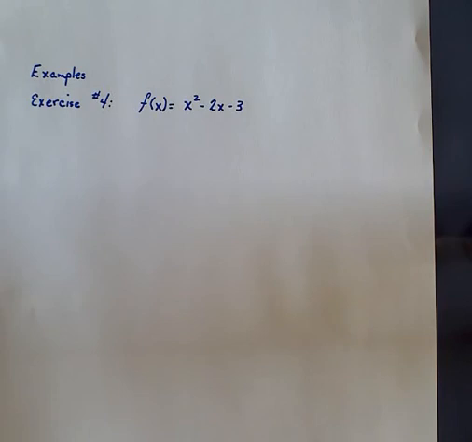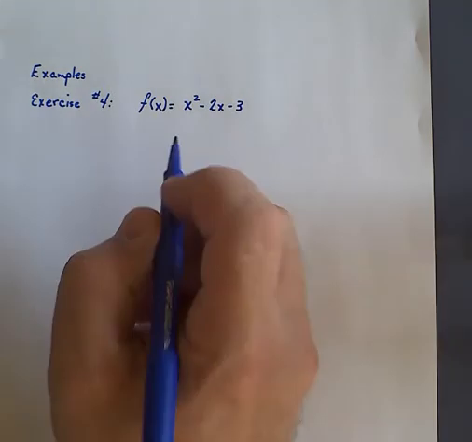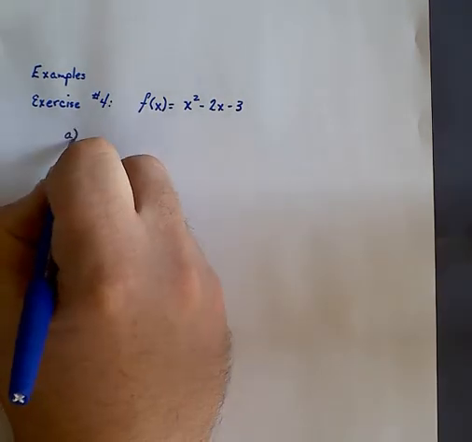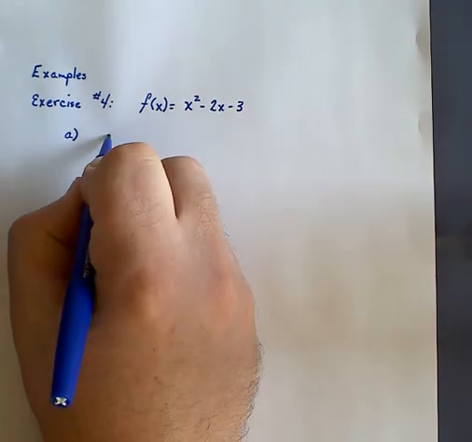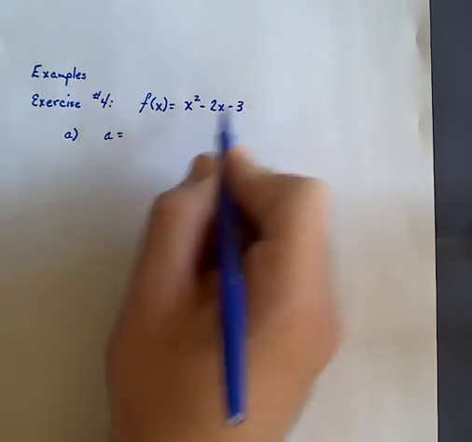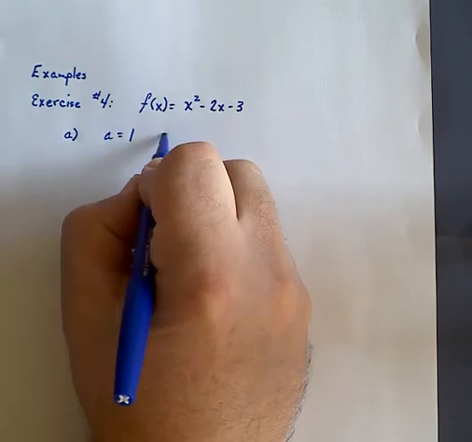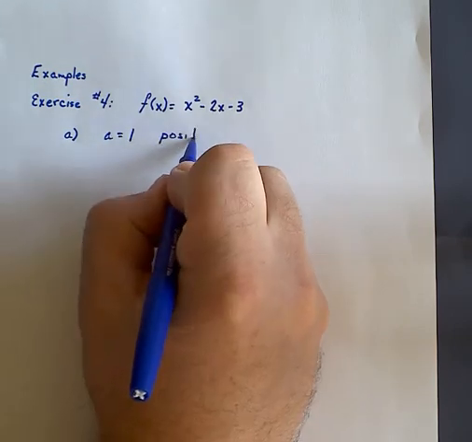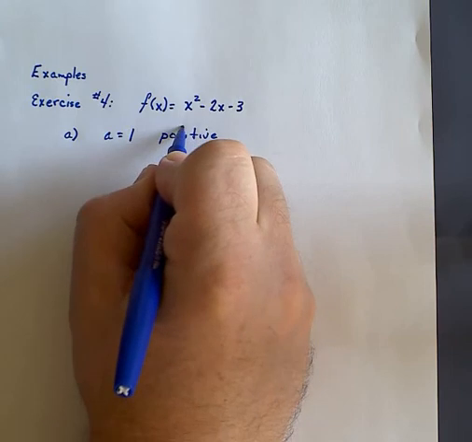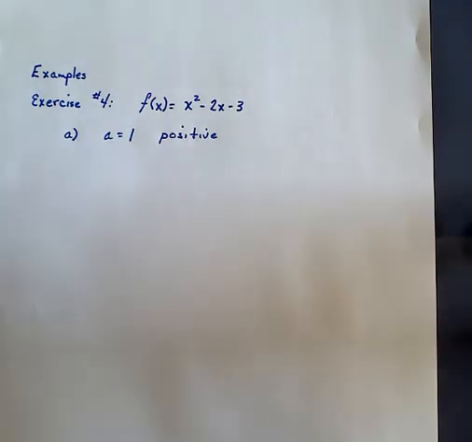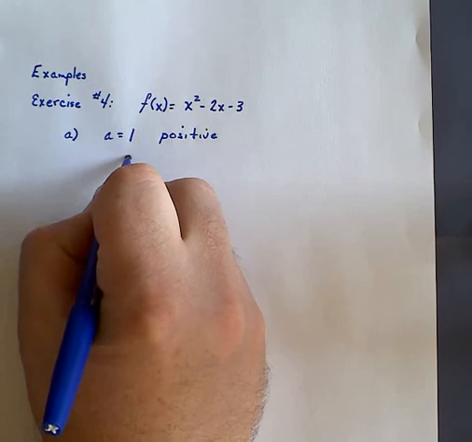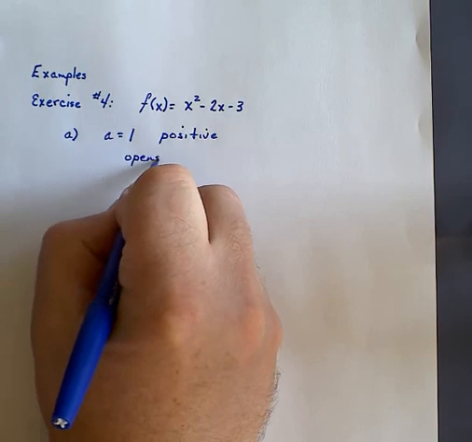With this example, part A: the first thing I notice is that a in this equation is 1. It is positive 1, and we said that if a is positive, then this thing opens up.